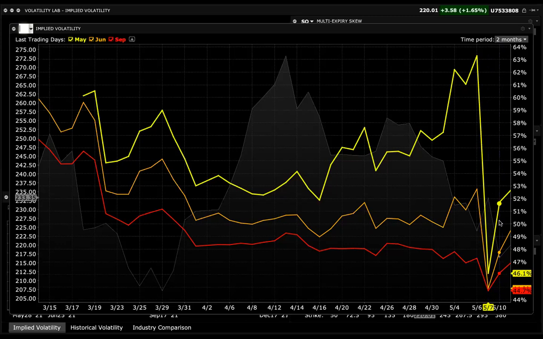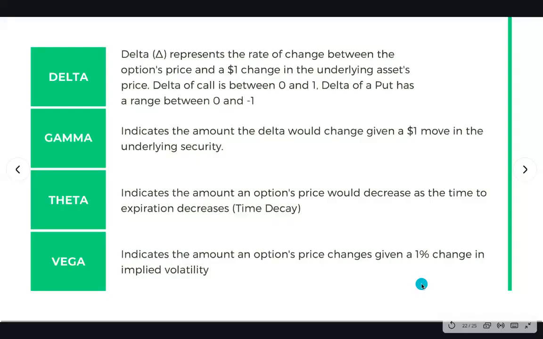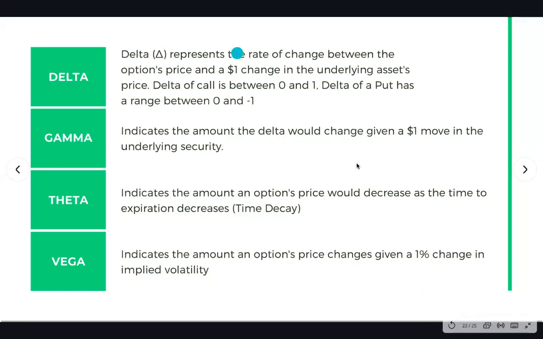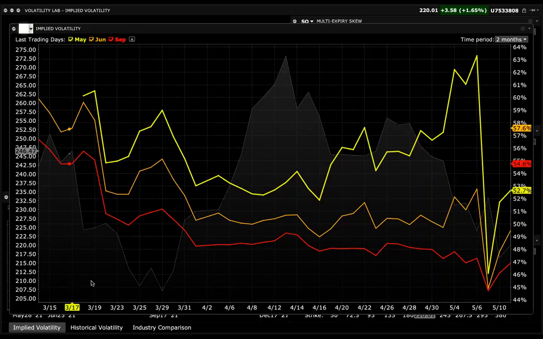For the Vega, we talked about the Vega. The Vega measures the impact of a change of 1% on the option price. Here, all you need is to analyze the implied volatility. You will ask me, how can we know if the implied volatility is low or not? Compare it to the past. Here, the lowest ever is 46%.